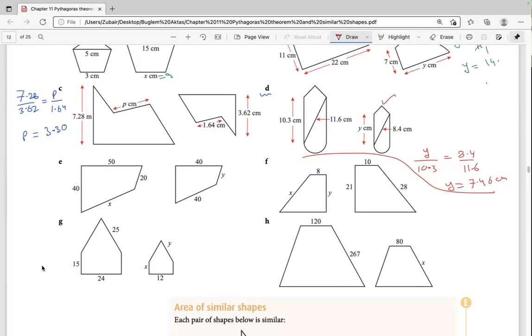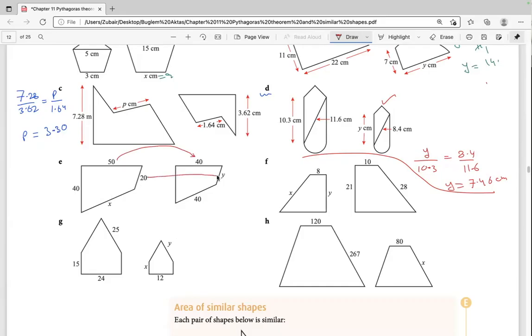Same way. Can you solve for x without working? Without working, just by looking at the diagram. Let me draw those arrows. Are these two sides similar?